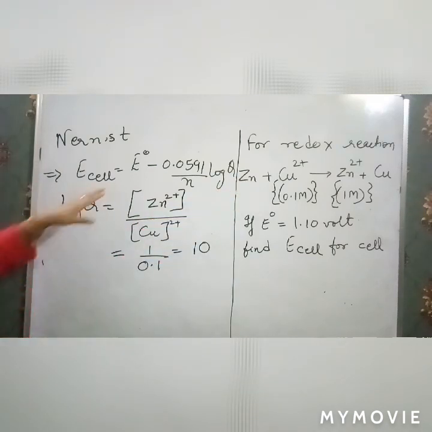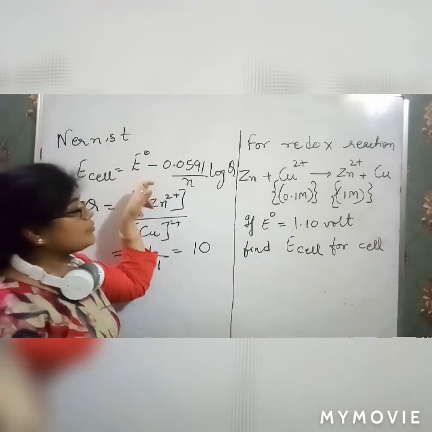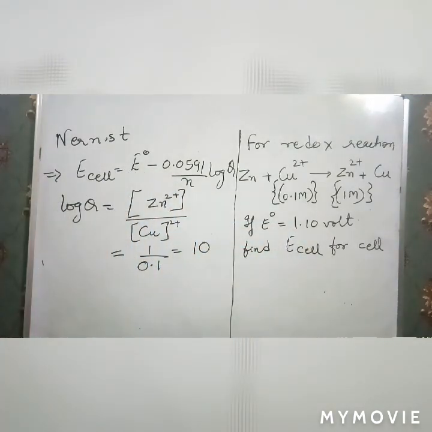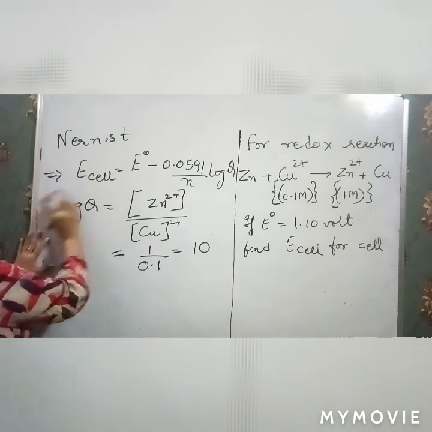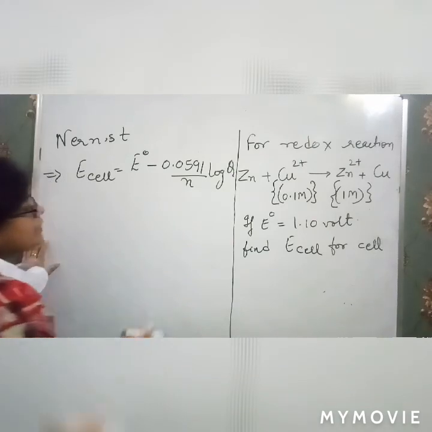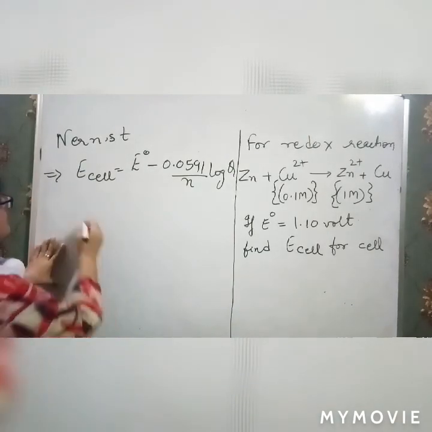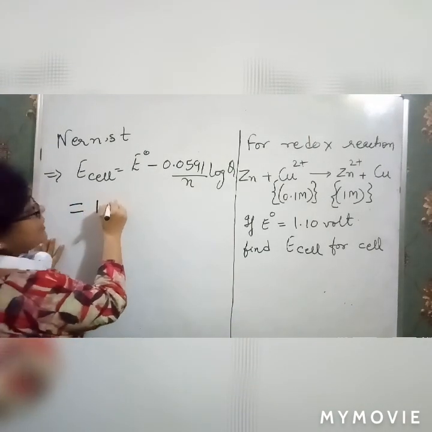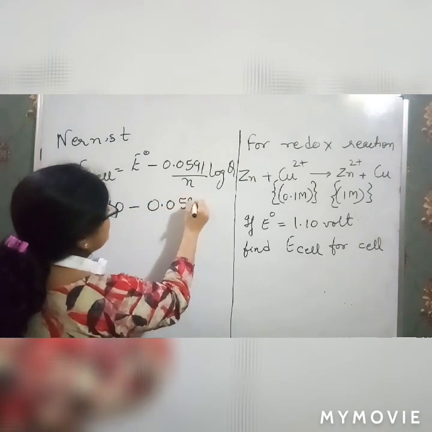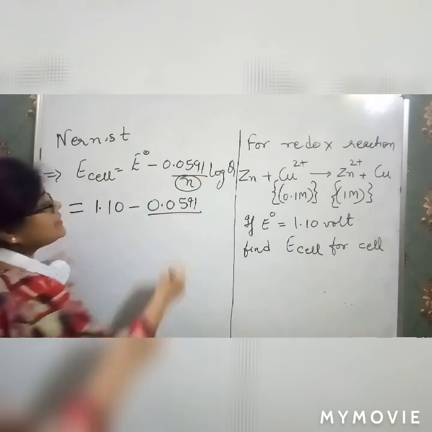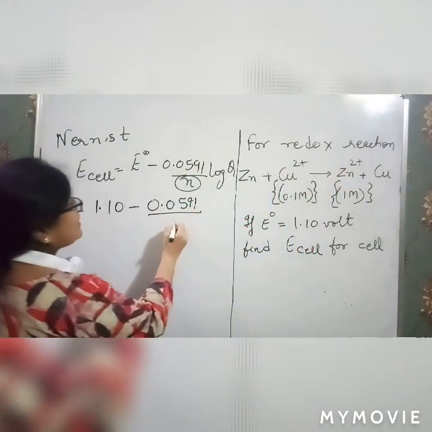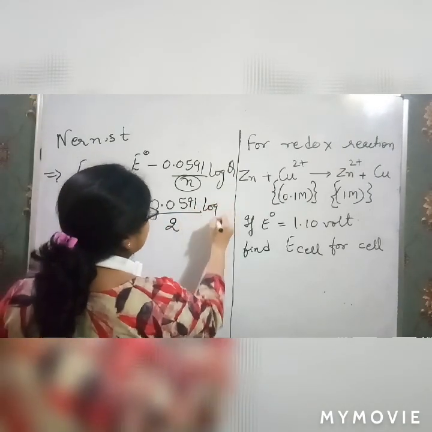The value of the standard electrode potential is given. So after placing these values in our equation, we can easily find the electrode potential for the cell. Okay, so now just put in all the values. 1.10 minus 0.0591 over n, and what is n? n is the number of electrons. So here 2 electrons are there, so we have log 10.